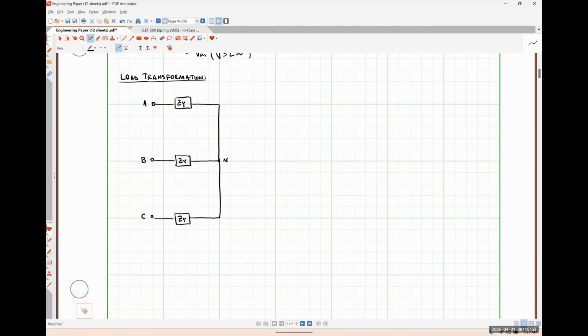And over here on the right-hand side, let's have a delta connected load.